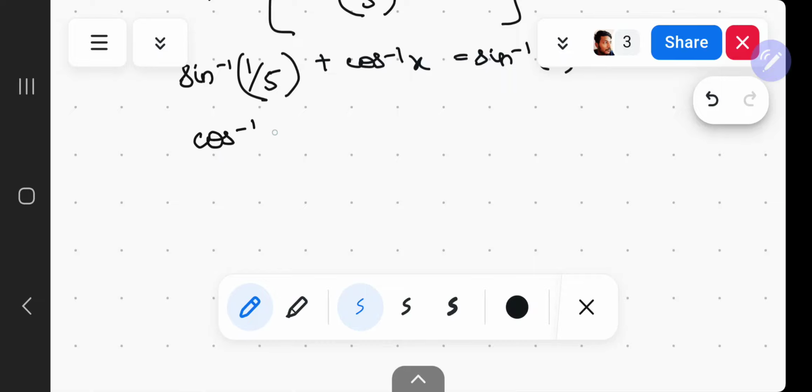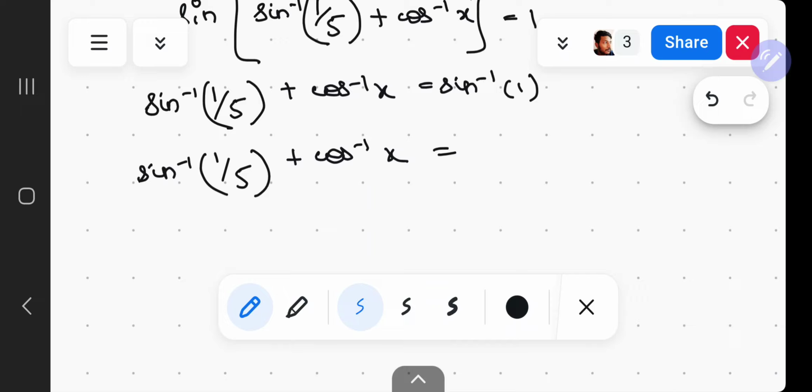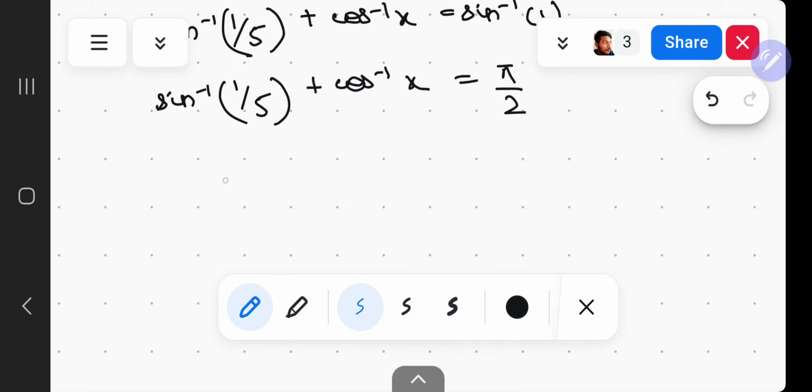So we know that sine inverse 1 over 5 plus cos inverse x is equal to sine inverse 1. The value of sine inverse 1 is pi by 2. So now we'll use a formula here: sine inverse a plus cos inverse a is equal to pi by 2.